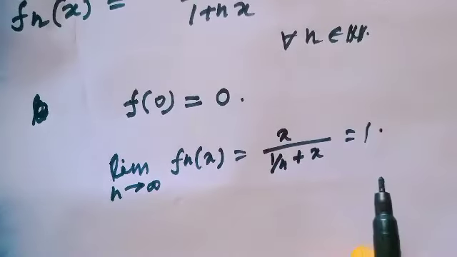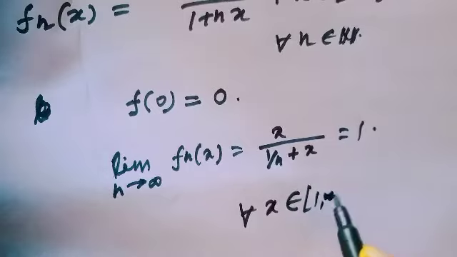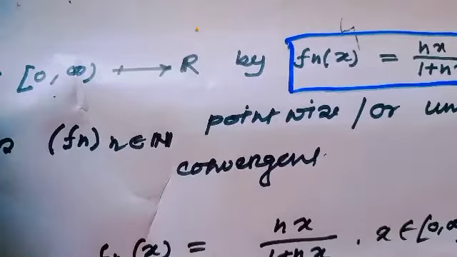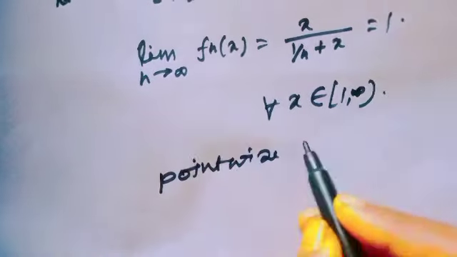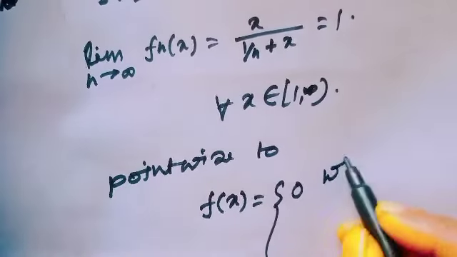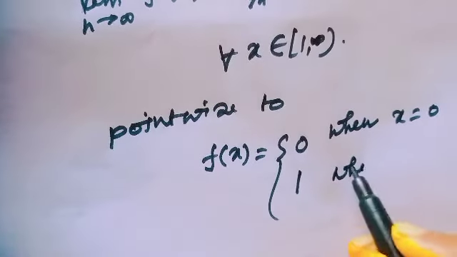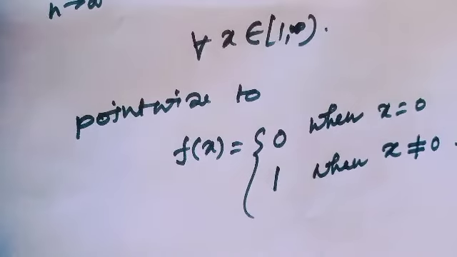That means this value is true for all x belonging to open 0 infinity. Since the value 0 is included in the domain, this sequence of functions converges pointwise to the function f(x) equal to 0 when x equals 0, and otherwise 1 when x is not equal to 0.